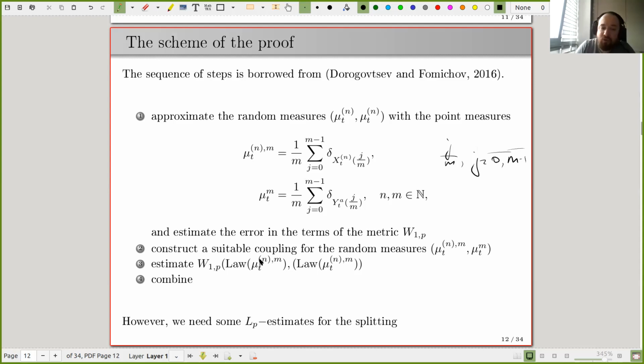Then we estimate that the error we get by introducing such a discretization is small in terms of the finite metric. Now, the second step is to construct a suitable coupling for random measures. It is simpler to do than to introduce the coupling for the initial measures. Then we will estimate this distance, and at the last step, we will combine everything together. However, to proceed, we will need some L^p estimates for the splitting procedure for the fractional step method. So now I will switch to that.